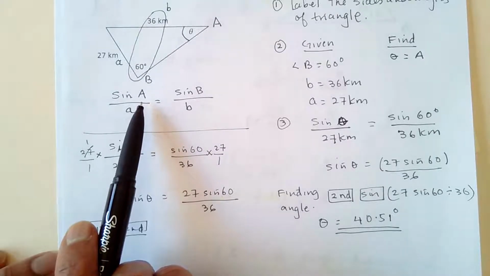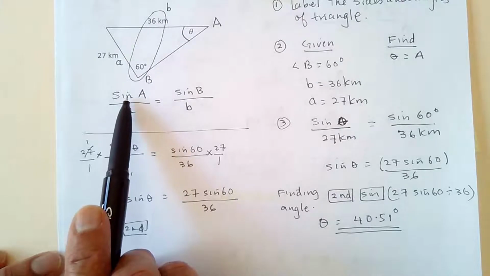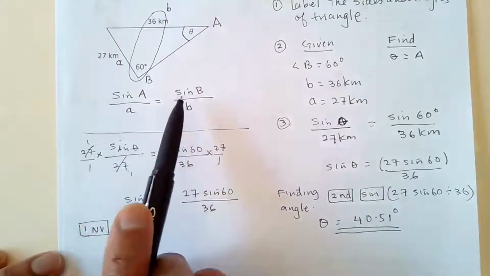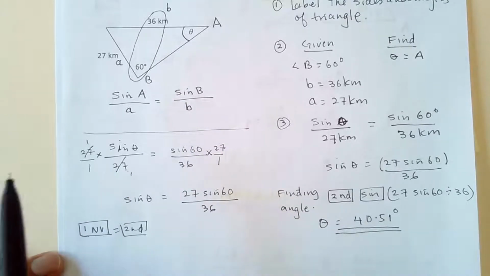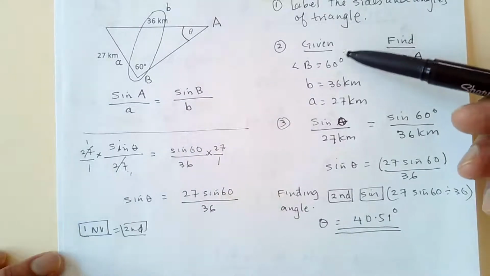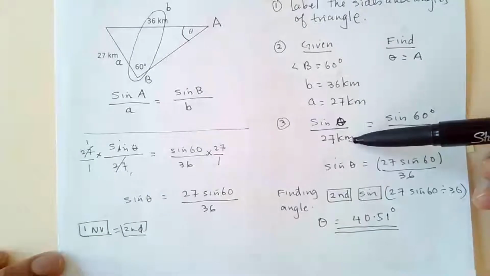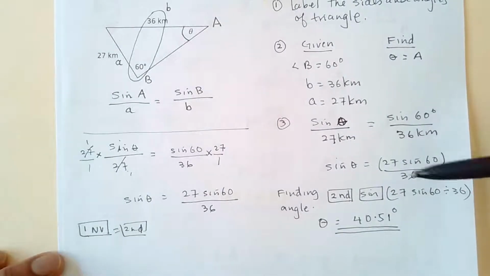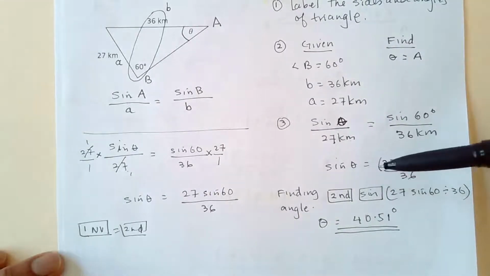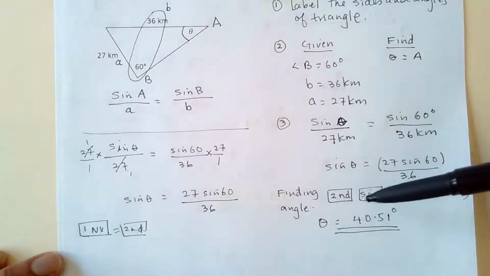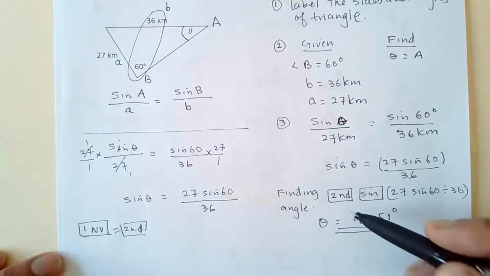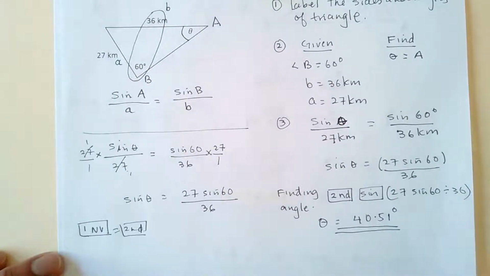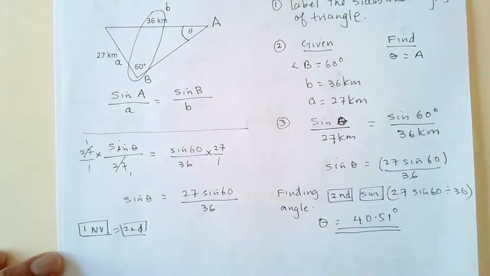And since we're finding the angle, we want sine angle A over side A, sine angle B over side B as a form. Then we substitute the given values into our equation and solve for the angle. When we solve for the angle, we have to use the second or the inverse button, sine. Then you input the values given.